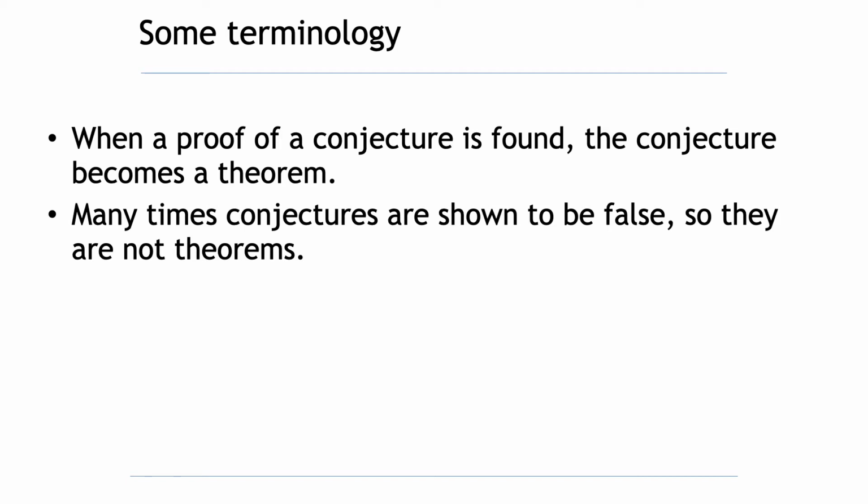Many times conjectures are shown to be false, so they are not theorems. So remember, this is a very important point. Theorems are always true. They are not like a proposition that can be either true or false. I'll repeat it again just to make sure you don't forget. A theorem must always be true, otherwise it is not a theorem.